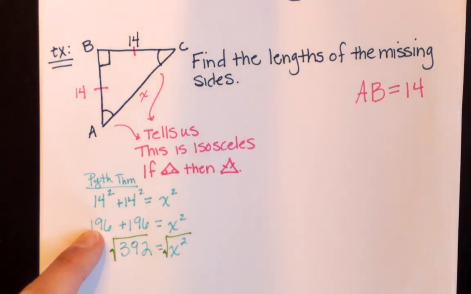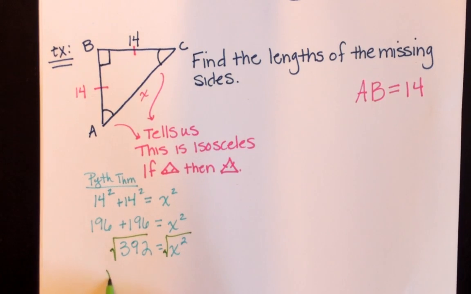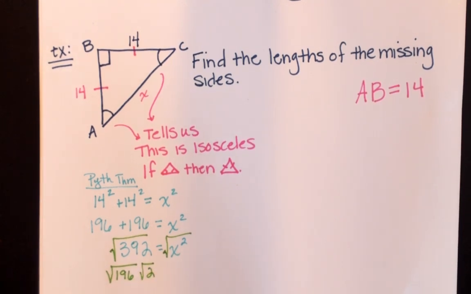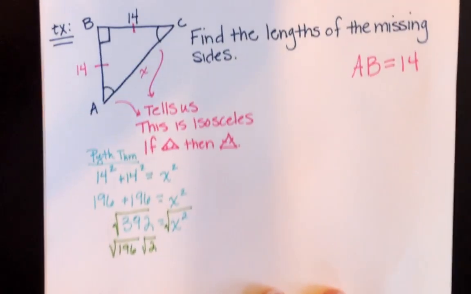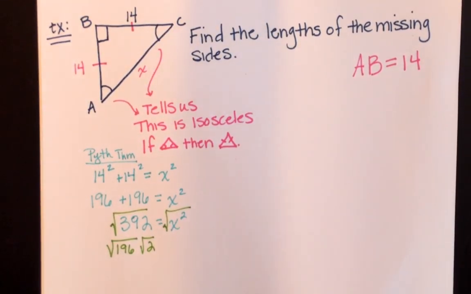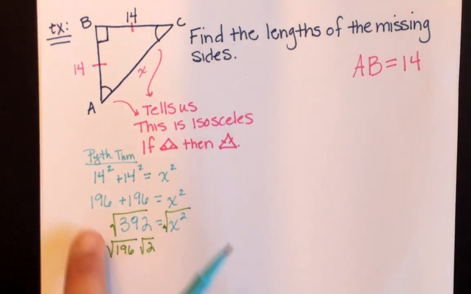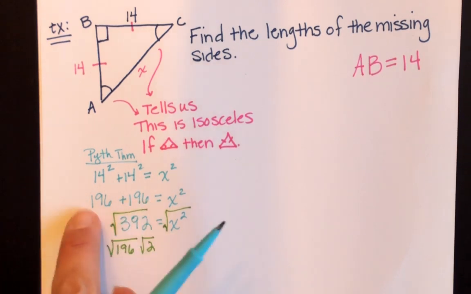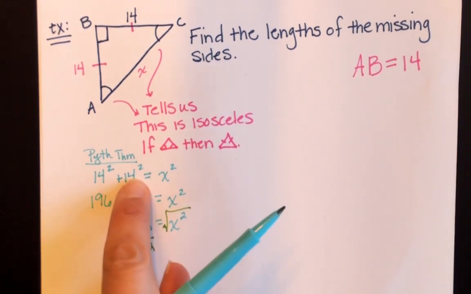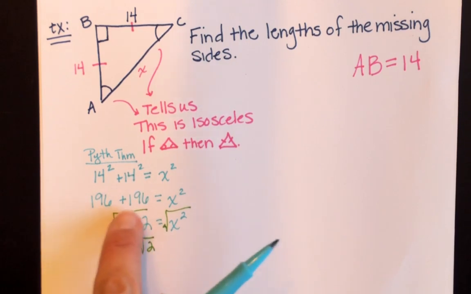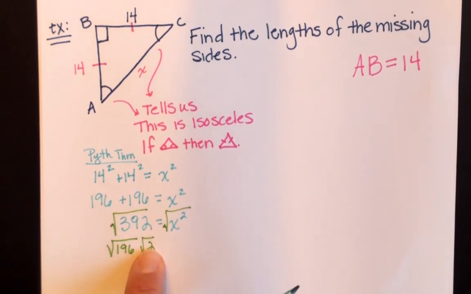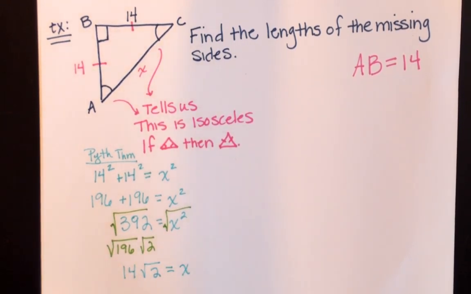So this actually breaks down into a perfect square, 196, times 2, which is our prime number. By simplifying and using our Pythagorean theorem, you can see that you had 2 of the same thing. It was that number times 2. So you end up with 14 radical 2 as our value for X.